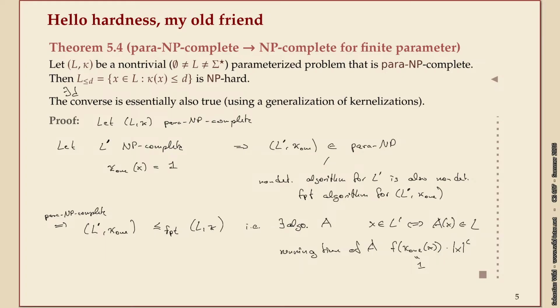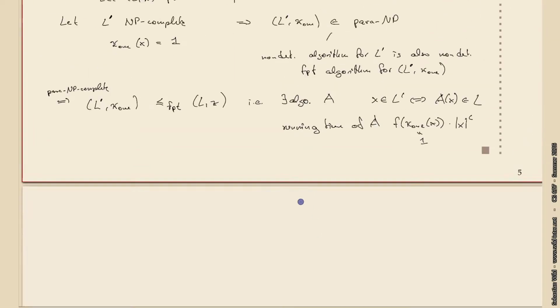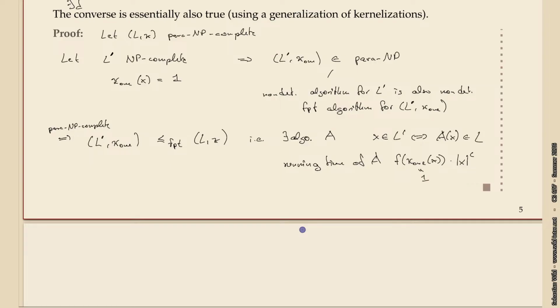So this is actually polynomial in the size of the length of x. Well, that's essentially it, right? So this kappa is 1. That means f of 1 is some constant.